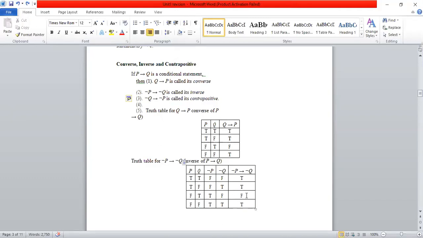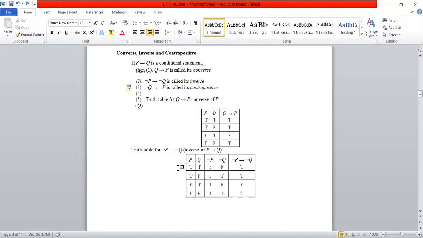Otherwise, it is true. According to conditional connective, false false will become true, false true will become true, true false will become false, true true is true. Okay, this is the truth table for inverse of P conditional Q, that is negation P conditional negation Q.